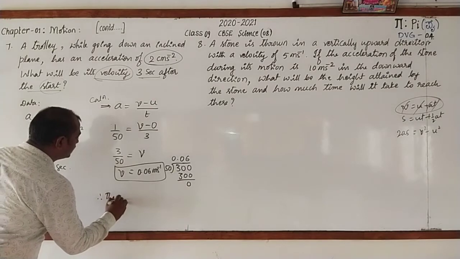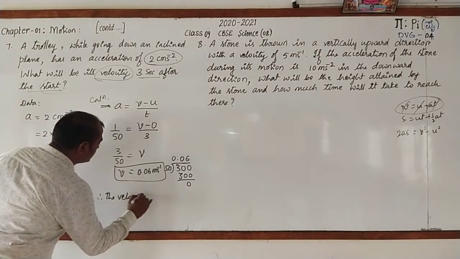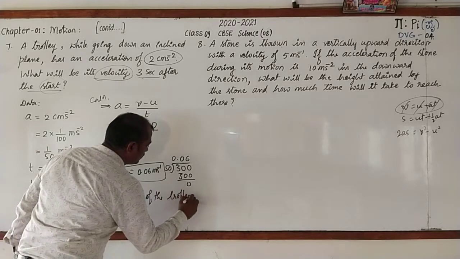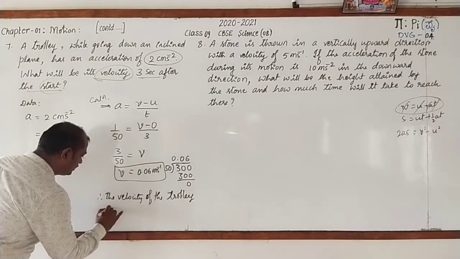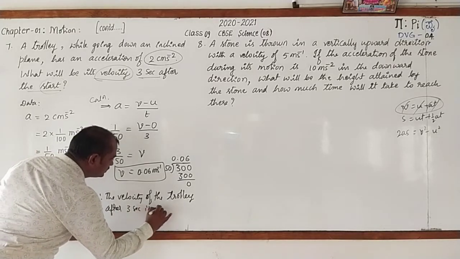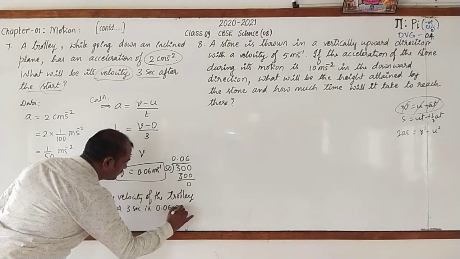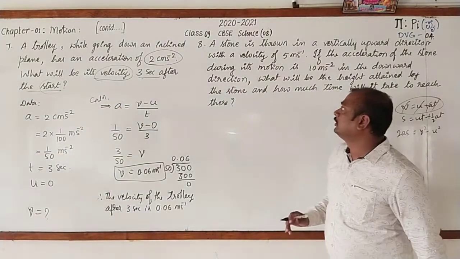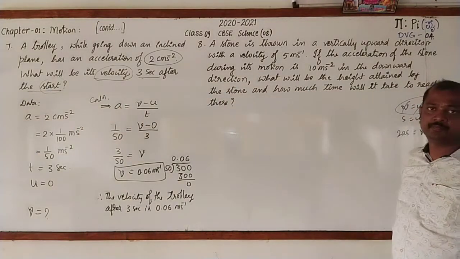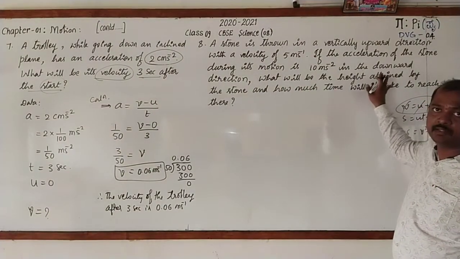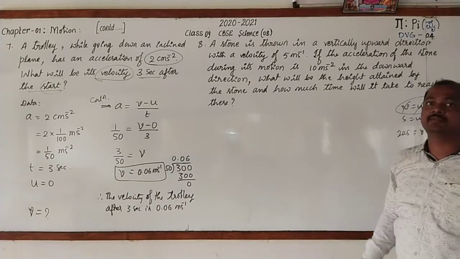Therefore, the velocity of the trolley after 3 seconds is 0.06 meter per second. Clear? Okay, now we will move on to another one. First you go through the statement. The statement may be lengthy, but it is easier.